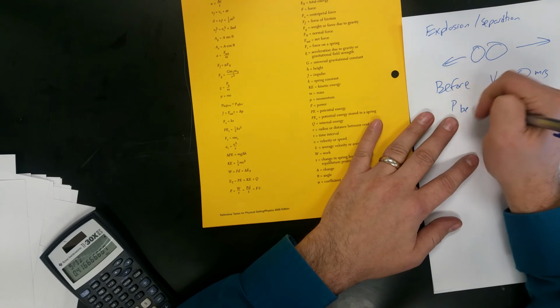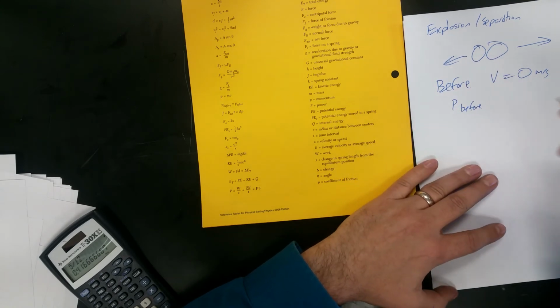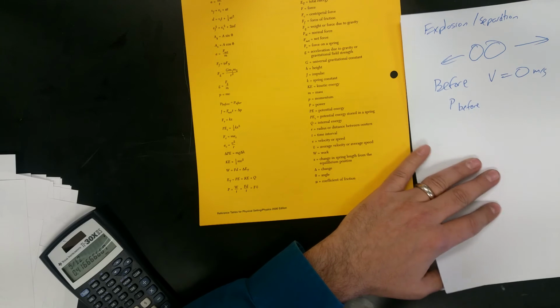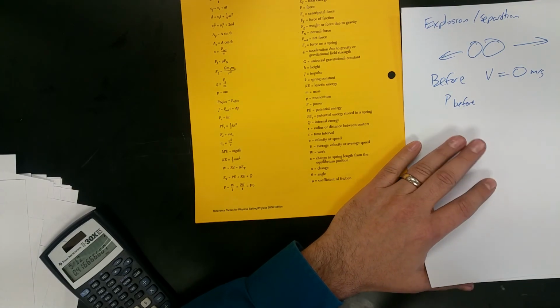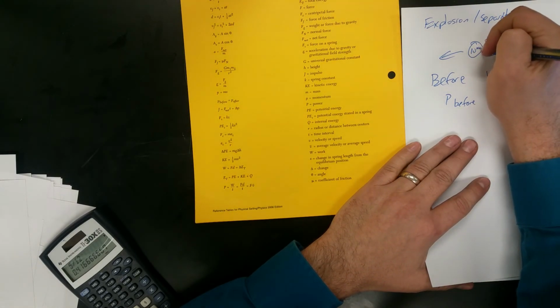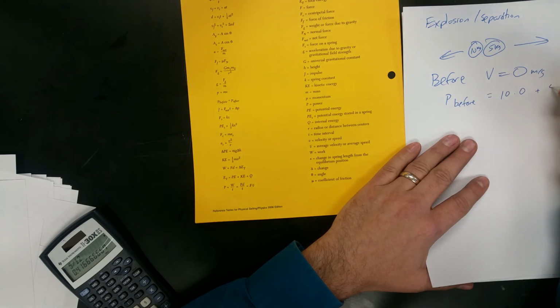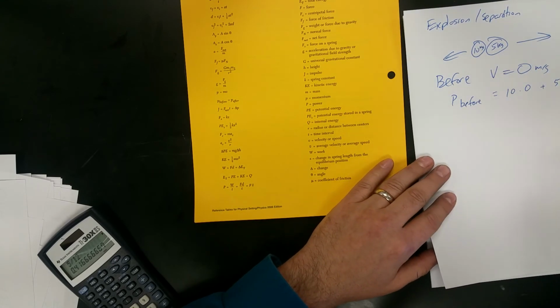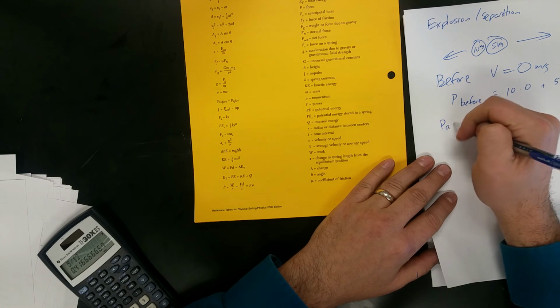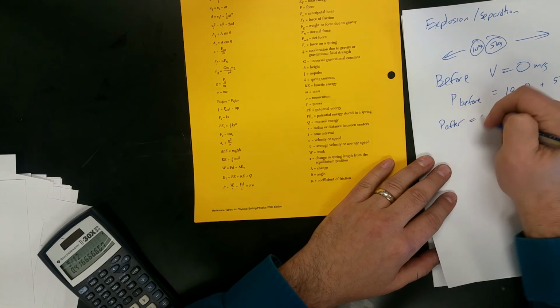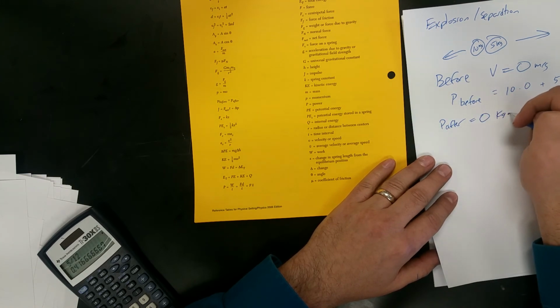So P before is going to equal this mass, whatever this is. Let's say 10 kilograms and 5 kilograms, is just 10 times 0 plus 5 times 0, which is just 0 kilogram meters per second. So P after has got to be also 0 kilogram meters per second.